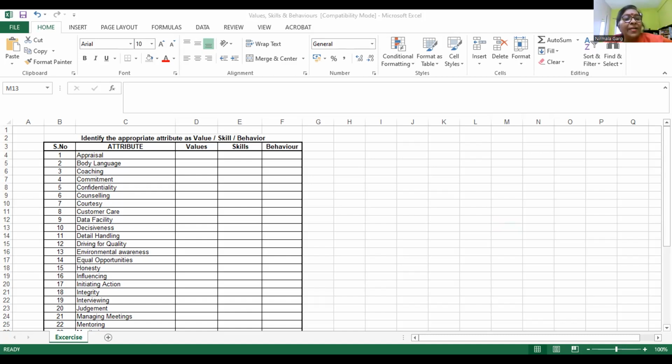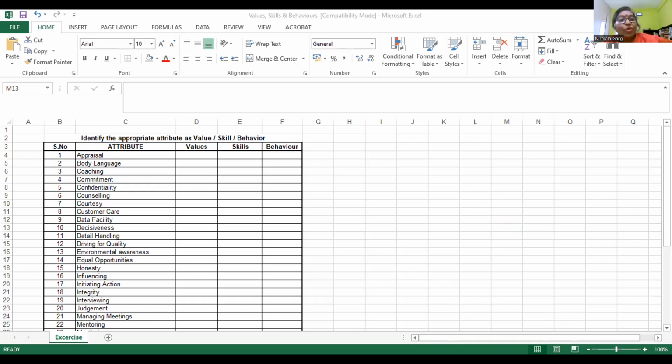You have to identify whether the attribute in the serial number pertains to a value, a skill, or a behavior. When you tick behavior, you have to check: is it observable?